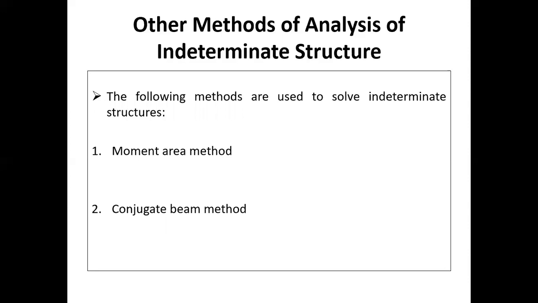These methods become a base for the analysis of indeterminate structures. Both are very important, especially the conjugate beam method, because it is a base for the flexibility method for the analysis of structures, and the slope deflection method is a base for the stiffness matrix method. So some of the methods we have already discussed will play a crucial role in the analysis of the upcoming methods for indeterminate structures.